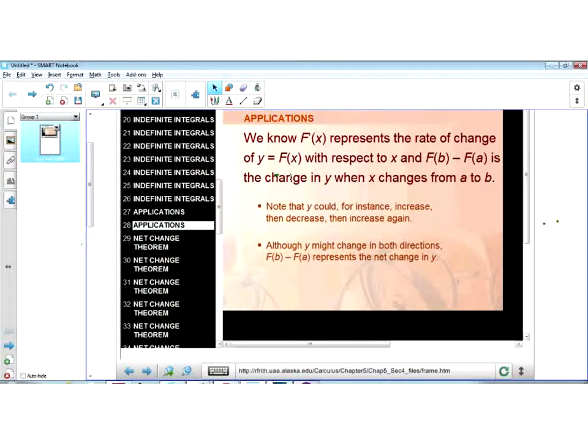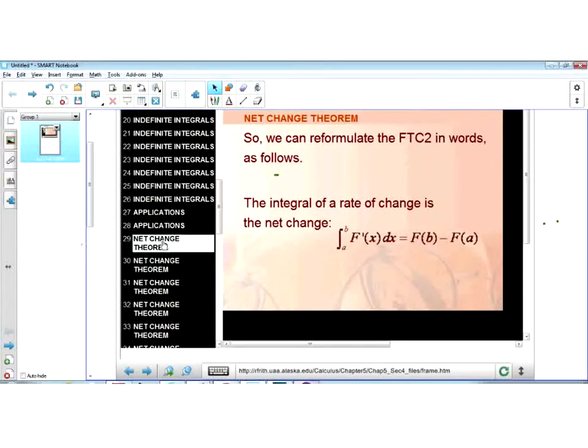Y could be changing in a positive sense and a negative sense from a to b, but the overall change in y is still evaluated at the endpoints of the interval of integration. That motivates the net change theorem. The fundamental theorem of calculus part 2 says the integral of a rate of change is the net change.